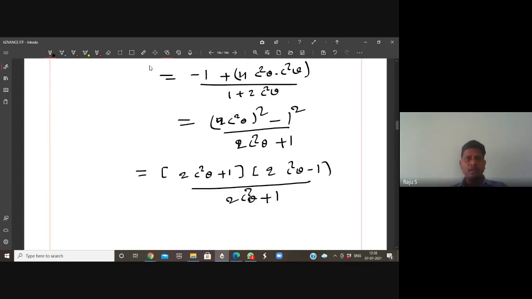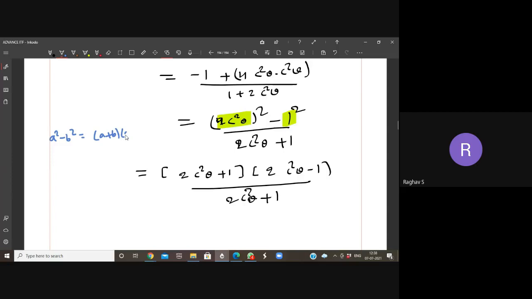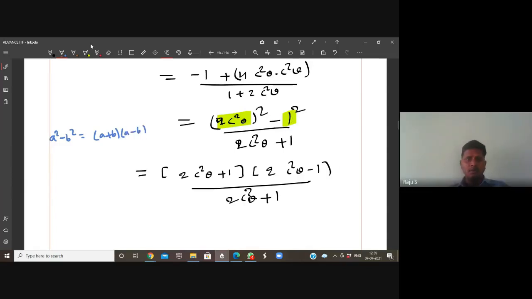See what I have done? I have applied the a square minus b square formula. So a square minus b square is equal to a plus b into a minus b. Now here we can easily cancel these two.